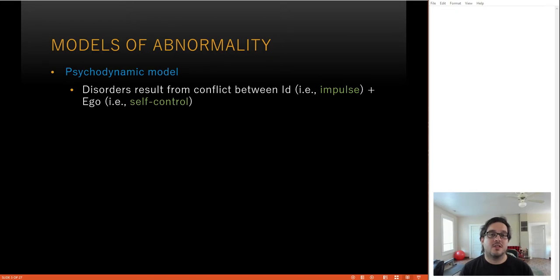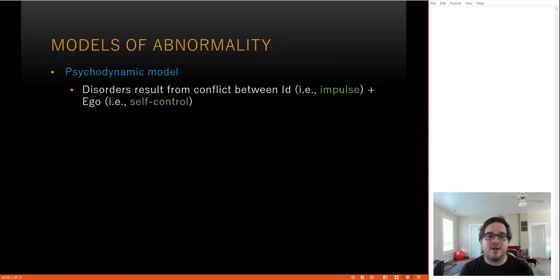So of course his theory focused largely on the conflict that you experience at this subconscious level, at the level where you do not have insight into your own mind, but things are happening there that may be driving something about the way that you think and therefore how you develop a disorder.